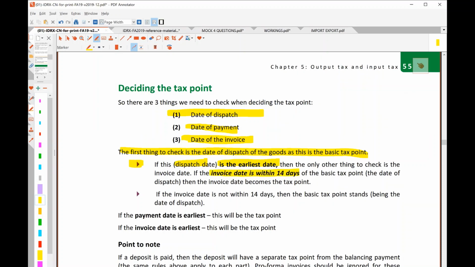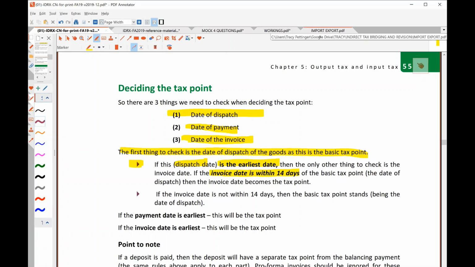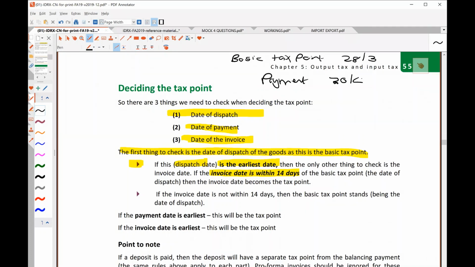So let's do a couple of scenarios. Let me do it up here. Let's say the dispatch date or delivery date, in other words our basic tax point, is the 28th of the 3rd. Payment is made on the 30th of April. That's meant to be a 3.